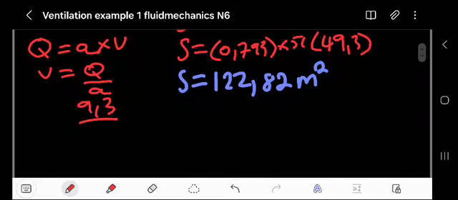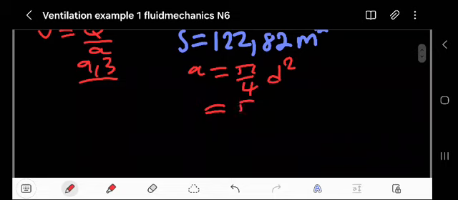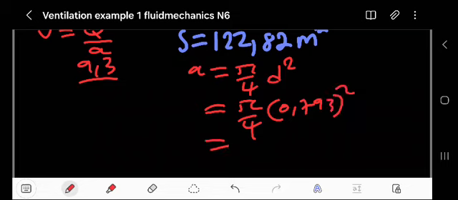You can calculate it separately if you want. Area is simply equal to pi over 4 multiplied by d squared. Then this is pi over 4. What is the diameter? We're focusing on the diameter of the duct, which is 0.793. We will square this, and the area will be 0.494 meter squared, right?